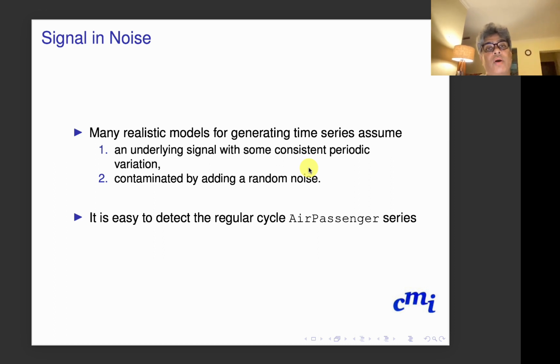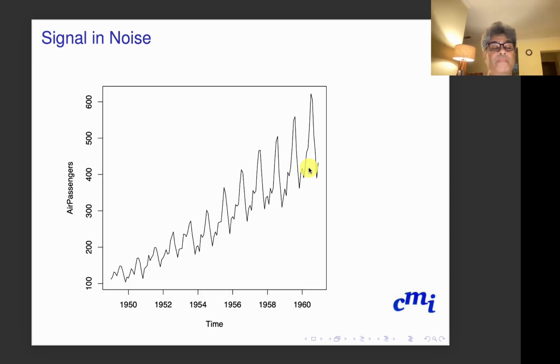Many realistic models for generating time series assume an underlying signal with some consistent periodic variation, contaminated by adding some random noise. It is easy to detect the regular cycle in the air passenger data.